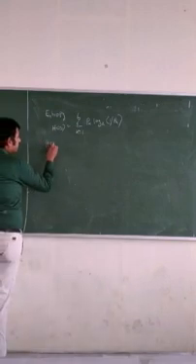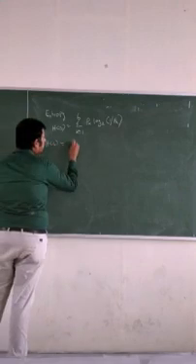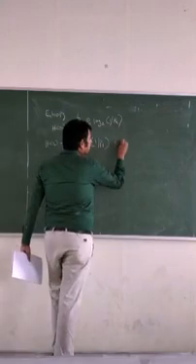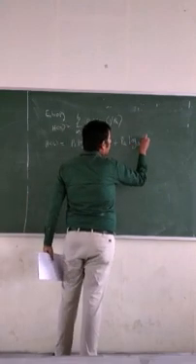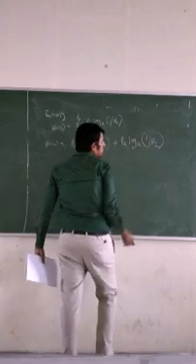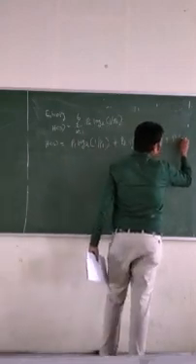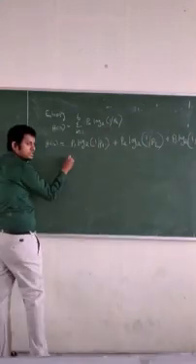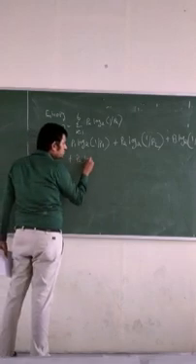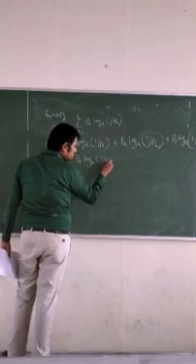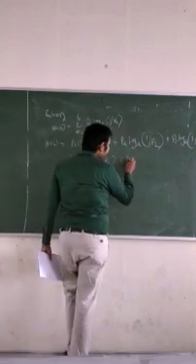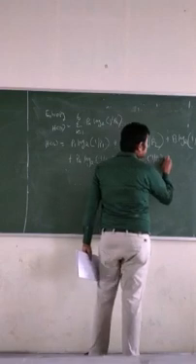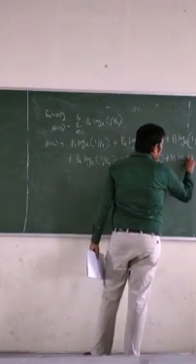So entropy can be calculated as H of S equals the same formula: P1 log base 2 of 1 by P1 plus P2 log base 2 of 1 by P2 plus P3 log base 2 of 1 by P3 plus P4 log base 2 of 1 by P4 plus P5 log base 2 of 1 by P5 plus P6 log base 2 of 1 by P6.